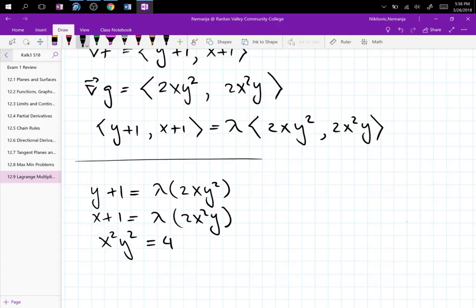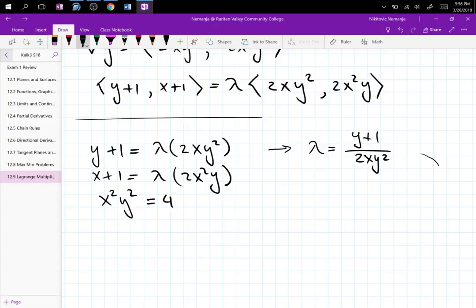If I don't see symmetry in a problem that I can exploit, I generally try to kill off lambda and then deal with the rest of the system. In this case, solving one of the equations for lambda would give y plus 1 divided by 2xy squared, and then plug that in.